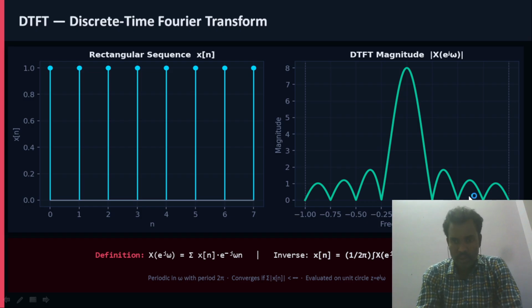We'll do the sampling mathematically and we'll derive a transform called DFT. In the DFT, a new formula will be generated just by applying sampling mathematically to the DTFT spectrum.